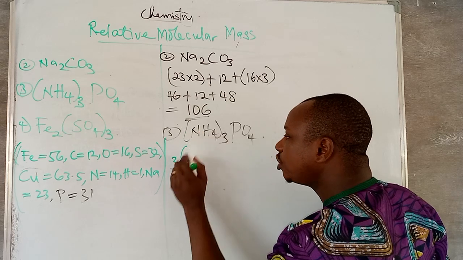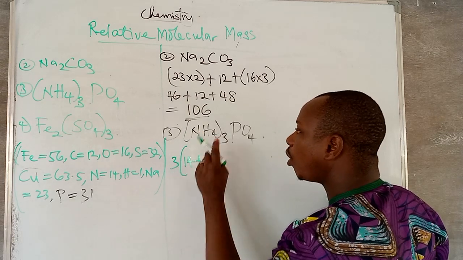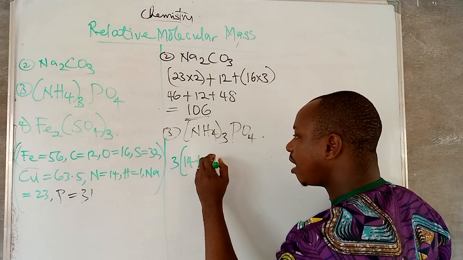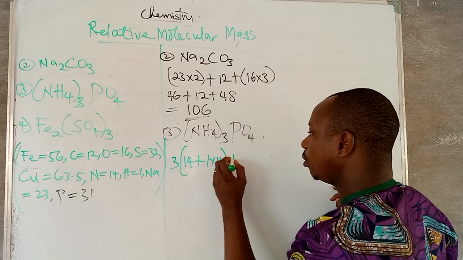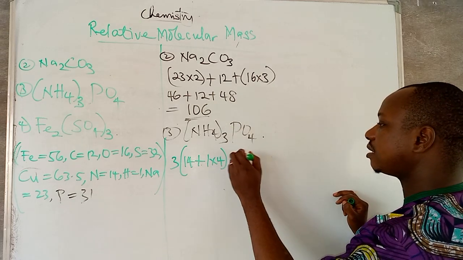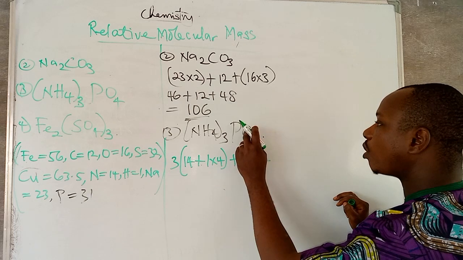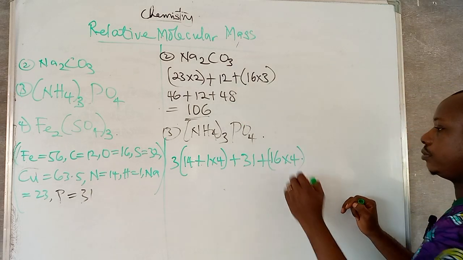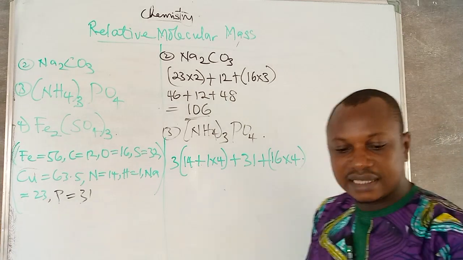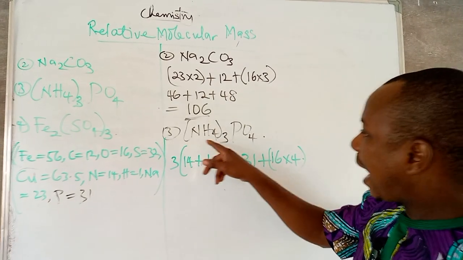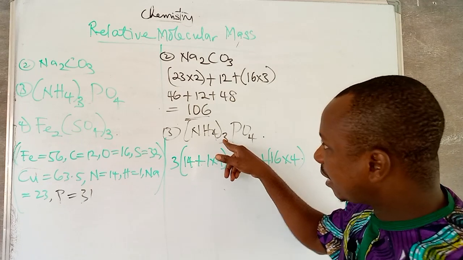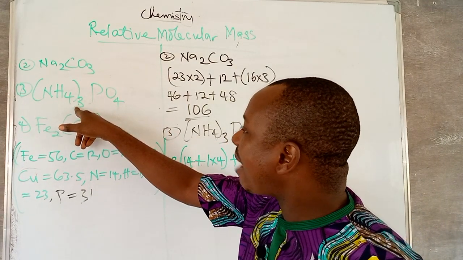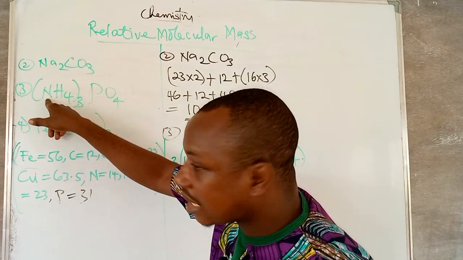So nitrogen is 14, plus hydrogen is 1, but you have 4 hydrogen there, plus phosphorus is 31, plus oxygen is 16, but you have 4 oxygen atoms. Just follow it sequentially, you will get it. This three outside the bracket is affecting every other thing inside the bracket.